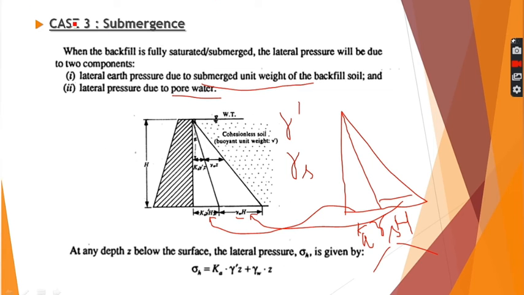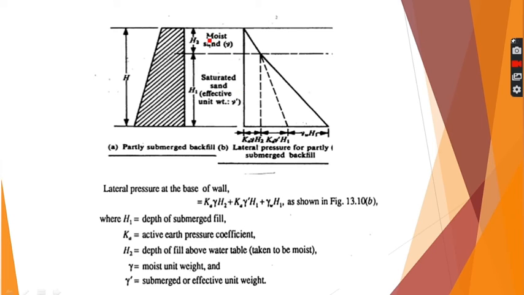Now there is another subcase of submergence. Here in the earlier case the whole backfill was saturated, and here in this case there is a moist sand and there is saturated sand. So this is Ka for this particular portion. The soil is of different types here, so Ka gamma into H2, and after that there is Ka gamma dash into H1.